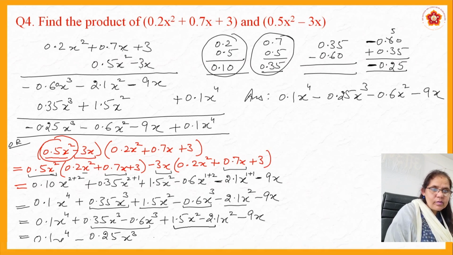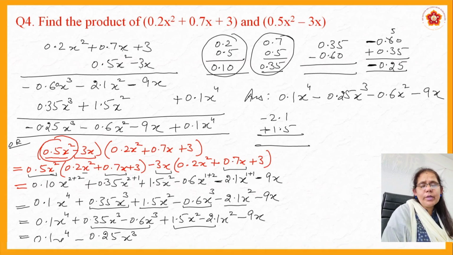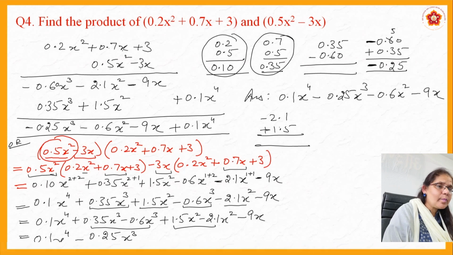Same way solve this one. I'll write minus 2.1 here and I'll write down 1.5 here. Now one is minus, other is plus, so you will subtract. Subtract the numbers, and these subtractions of decimals you have been doing since primary classes. 11 minus 5 is 6. 1 minus 1 is 0.